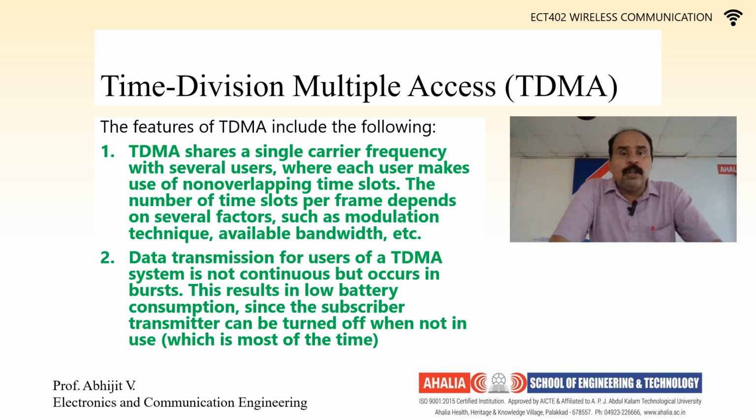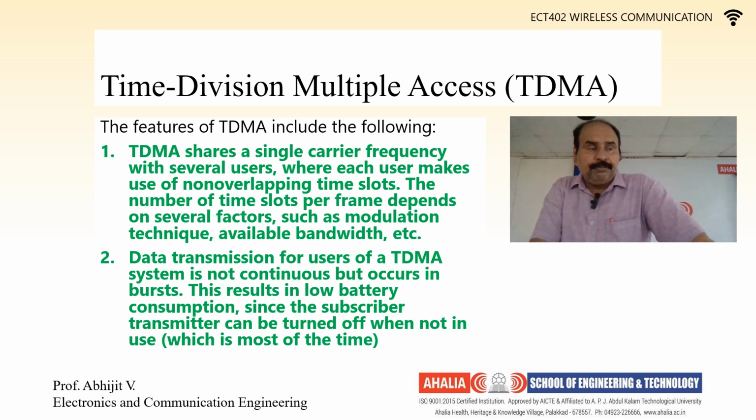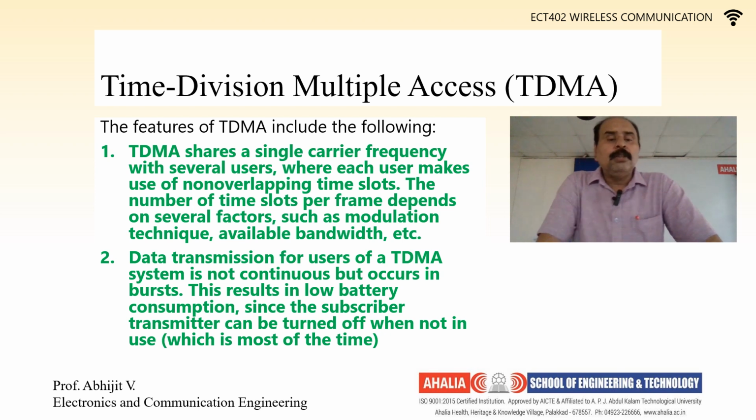The number of time slots per frame depends on several factors such as modulation technique, available bandwidth, etc. Data transmission for users of a TDMA system is not continuous but occurs in bursts. This results in low battery consumption since the subscriber transmitter can be turned off when not in use.